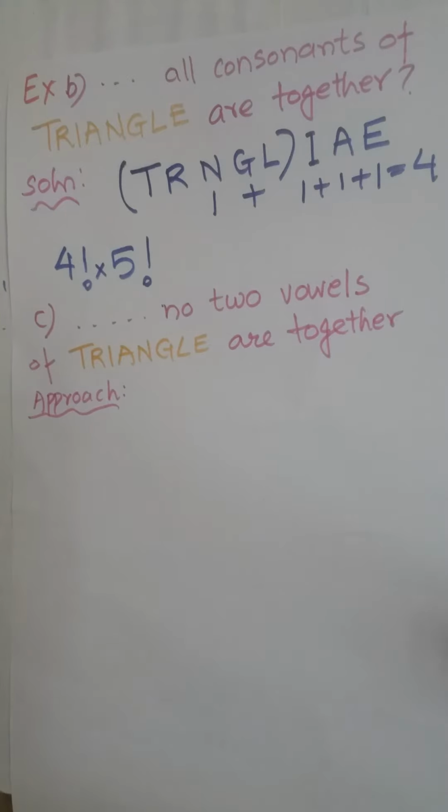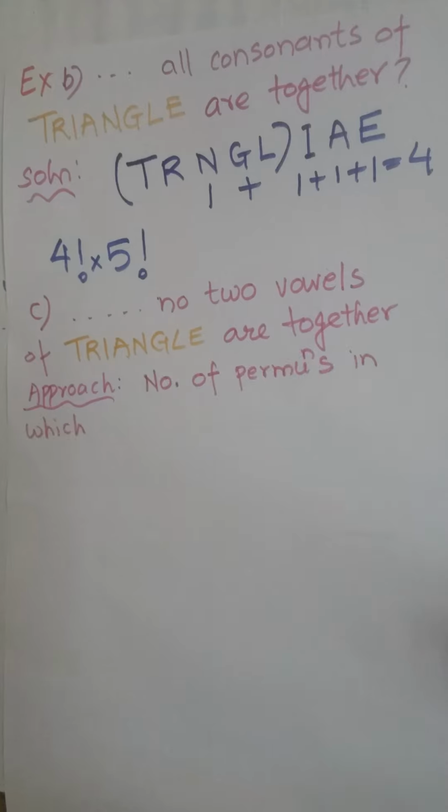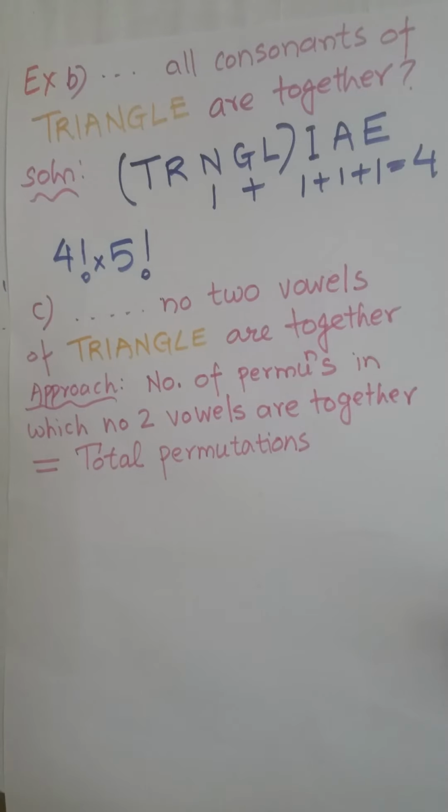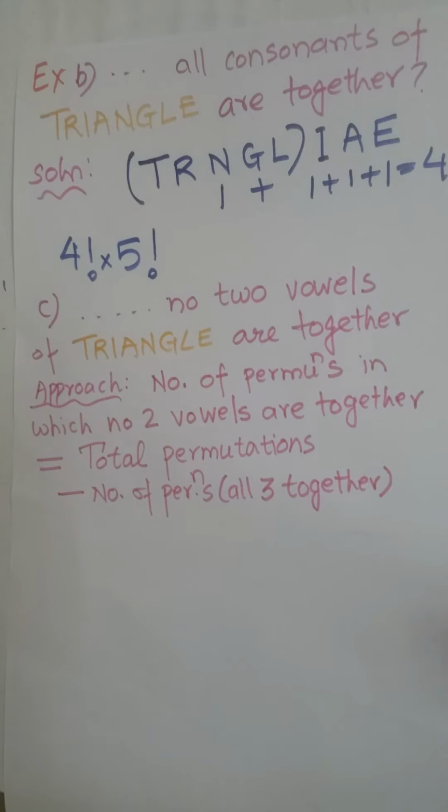How do we do this? So the approach is like this. The number of permutations in which no two vowels are together is equal to total permutations of the word triangle minus the number of permutations in which all the three vowels are together. Total minus all three together will give us no two vowels are together.